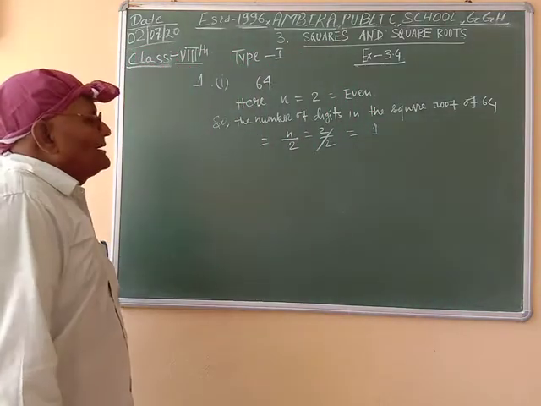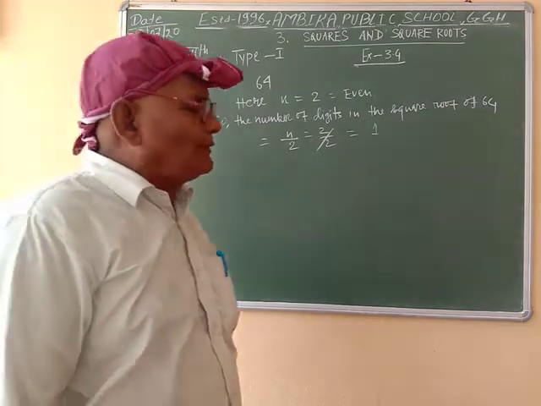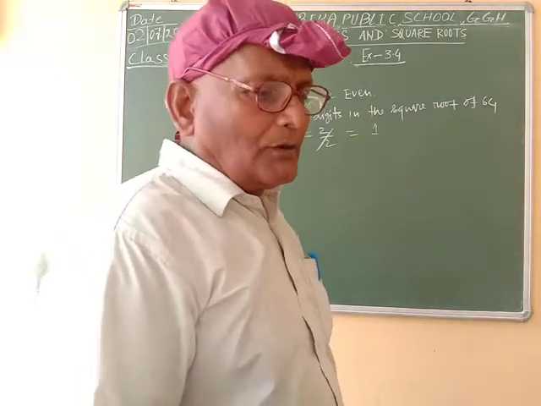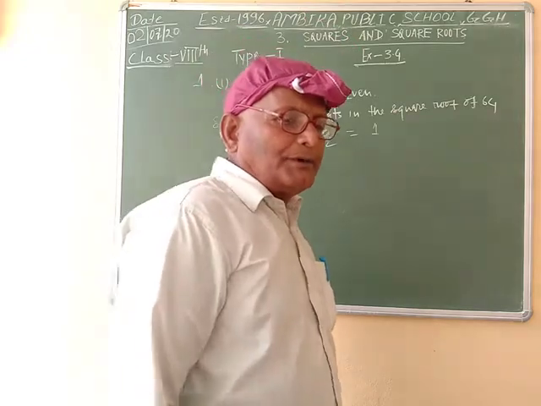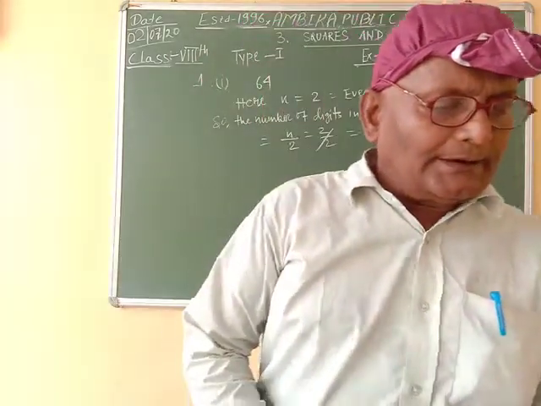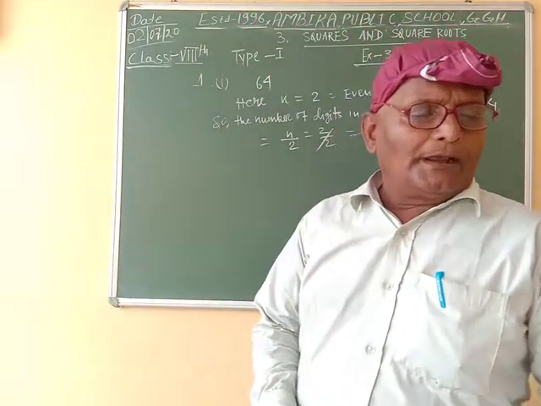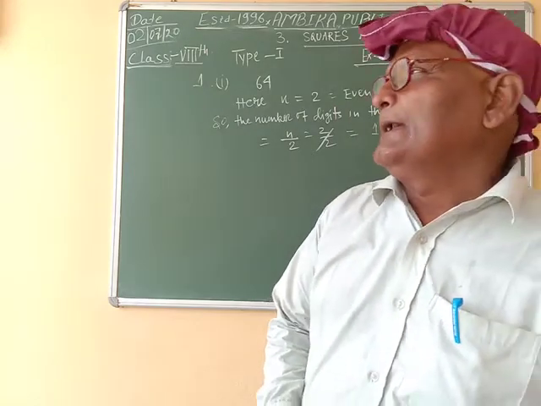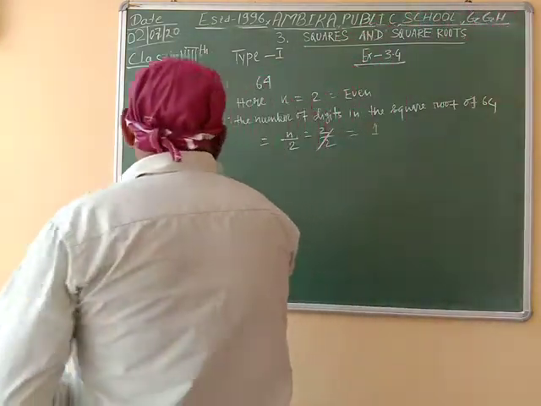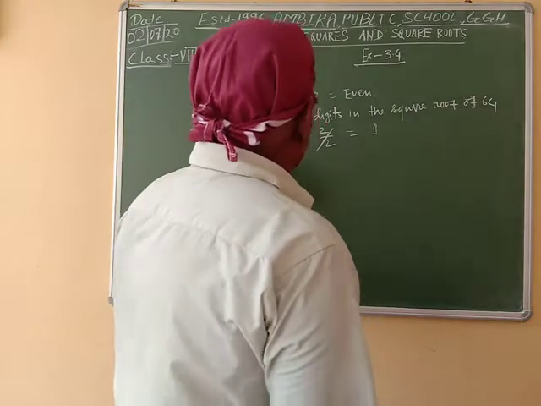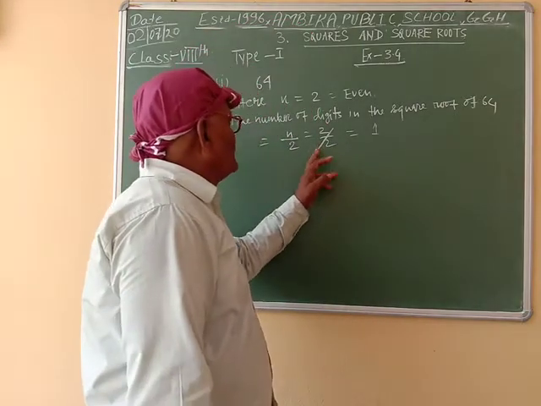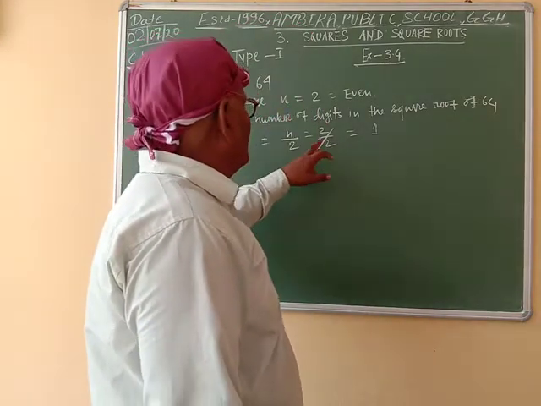We have to find the number of digits in the square root of the given number. You have learnt that if the number of digits in a given number is even, then the number of digits in the square root is equal to n by 2. Here n is equal to 2, therefore n by 2 is equal to 1.